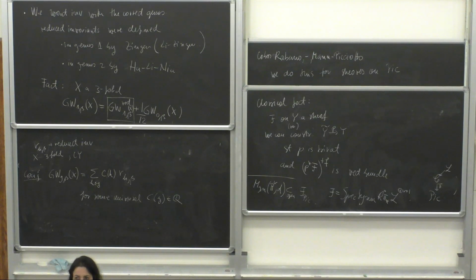But whatever blow up of Pic you're taking, the way the virtual class is defined will not see the blow up. So the numbers are the same. If I understand, you're saying that as long as we pull back this F to your moduli space, it becomes a vector bundle. Yeah, so the main component becomes a vector bundle. So these boundary components are the torsion of this sheaf. Yeah. Okay, thank you.